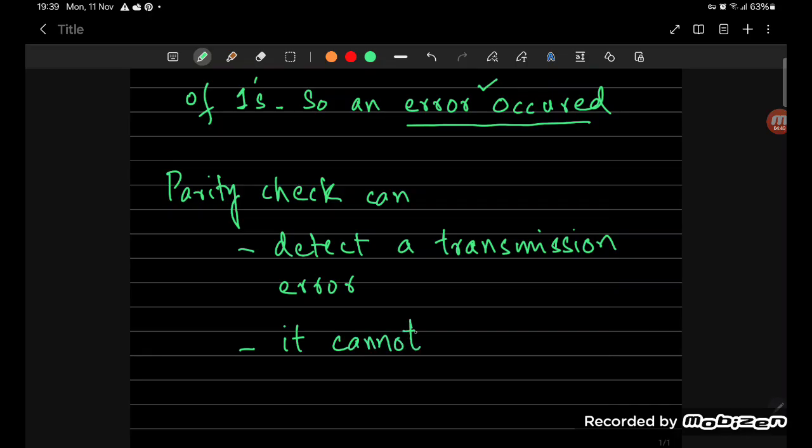I should not say detect, I should say it cannot correct the error, because if it doesn't know which bit got corrupted, how can it fix that bit? So therefore you can say that parity check is an error detection scheme, but it is not an error correction scheme.